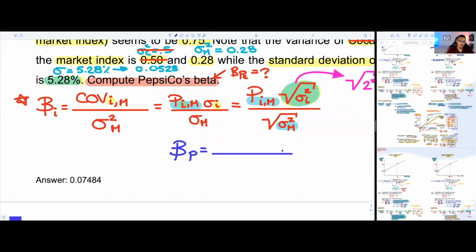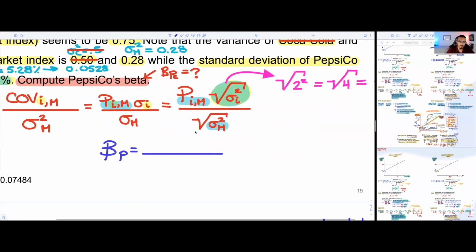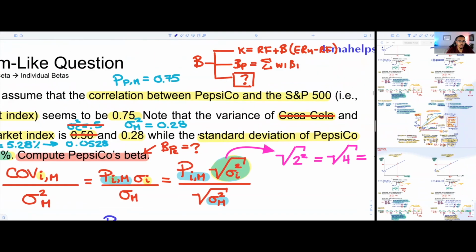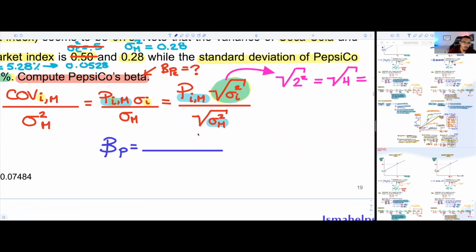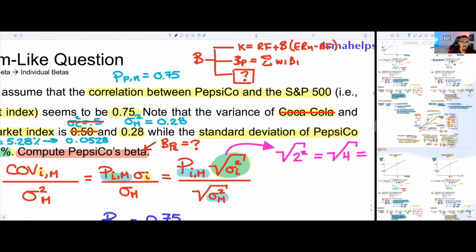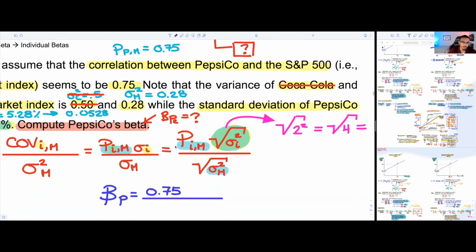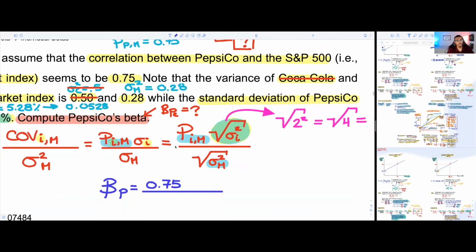I'm just going to zoom in a little bit, but also keep track of all of our numbers. So we know that our correlation coefficient is equal to 0.75, if I'm not mistaken. We know that the standard deviation on PepsiCo is equal to 0.0528.